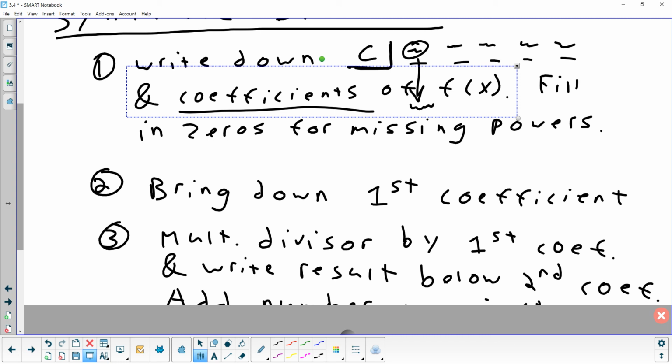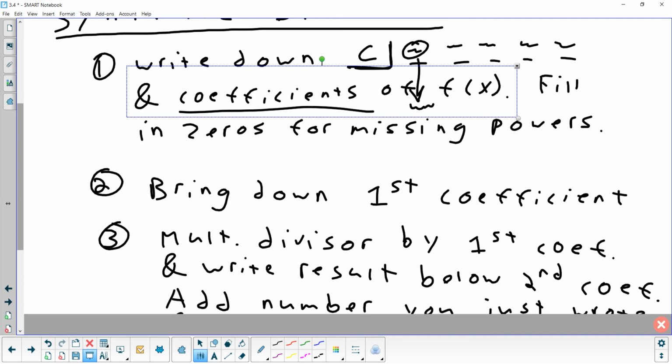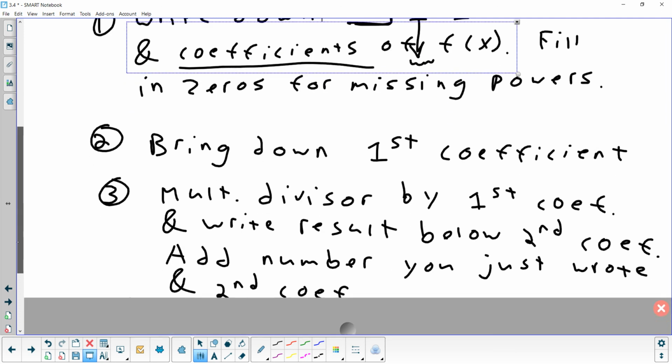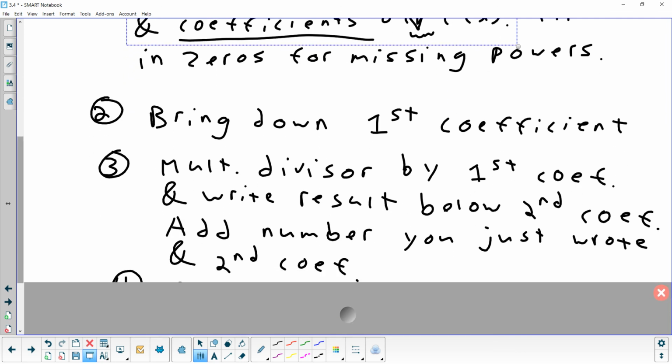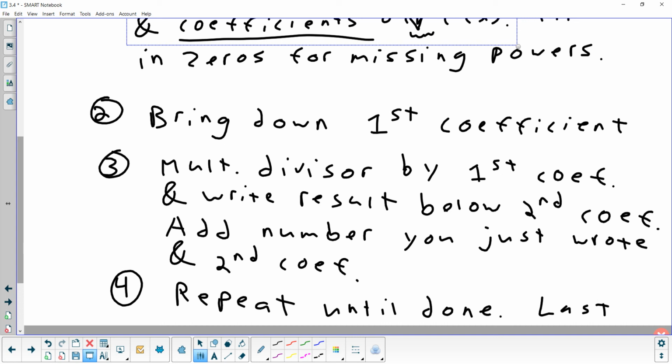Now you're going to have a couple numbers in the second column. When we did long division, what did we always do with our columns? Yeah? We subtracted the columns. In synthetic division, we are going to add the columns. Okay, so we're going to add columns. And once you get through step 3, that's basically one round of synthetic division. Now, you're going to keep repeating that process until you're done.